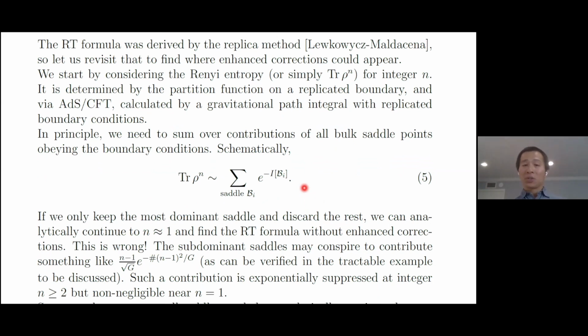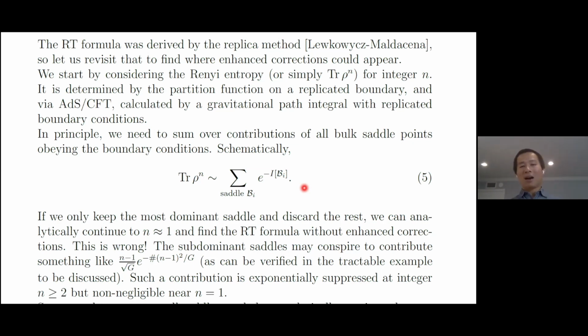If we did that, we would find the Ryu-Takayanagi formula with a prescription that is always given by the area of the smaller surface. And there will be a sharp transition with no enhanced correction. So what we're saying then is that this must be wrong.